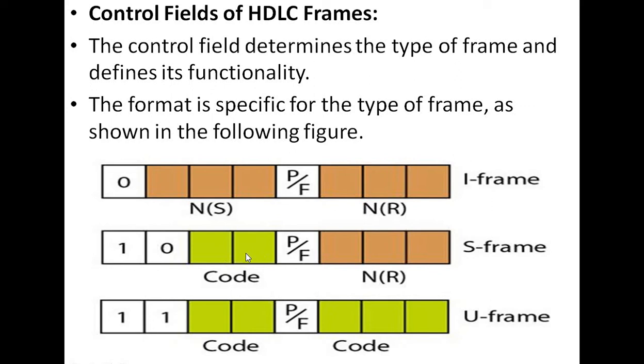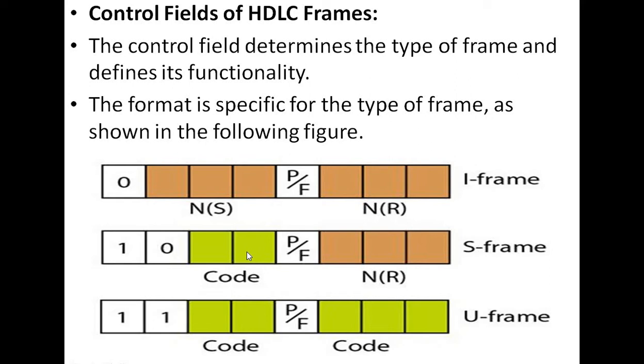And if the value of the code subfield is 0 and 1, then we can consider it as a reject S frame. Okay, and if the value of the code subfield is 1 and 1, then we can consider it as a selective reject S frame.